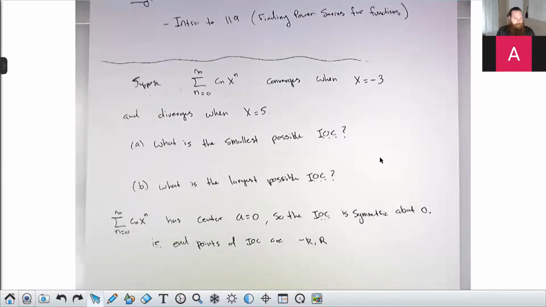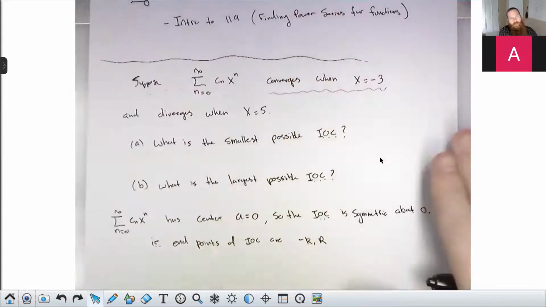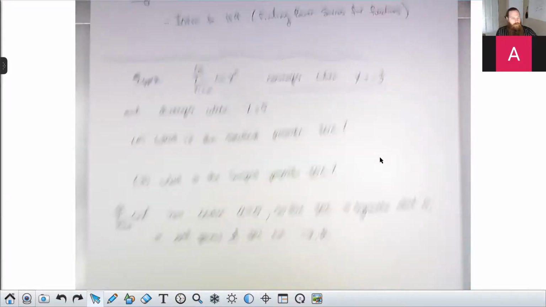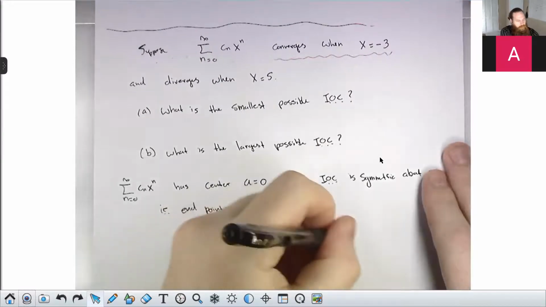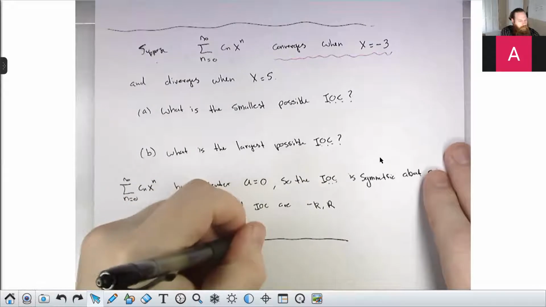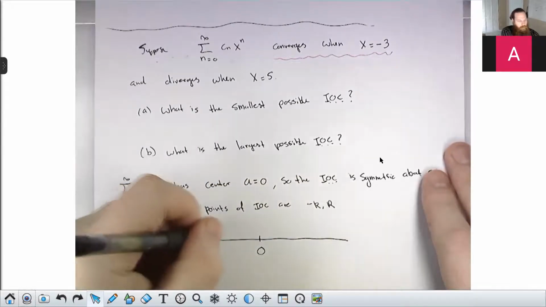Now, the fact that the series converges when x is equal to negative 3, what does that tell you? So here's the real line, here's 0, here's negative 3.